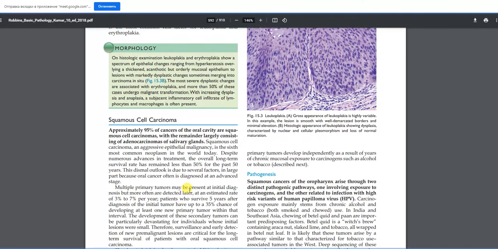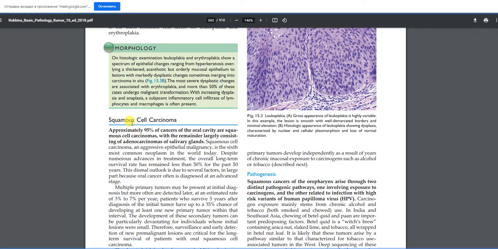Squamous cell carcinoma is a pretty rare condition nowadays because we don't use chewing tobacco in such amounts as we used it in the 19th and 18th centuries. But if you use it, you are in danger, because squamous cell carcinoma is commonly caused by chewing tobacco and cigarette smoking, especially smoking cigarettes without filters.